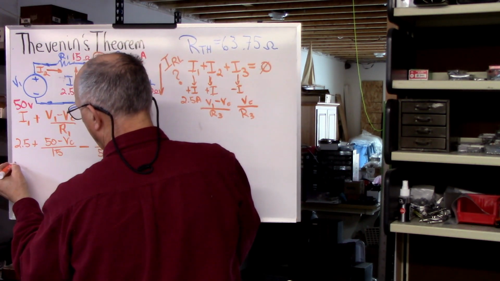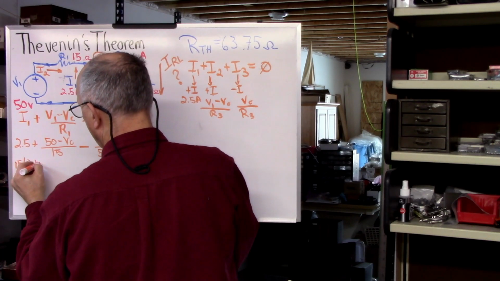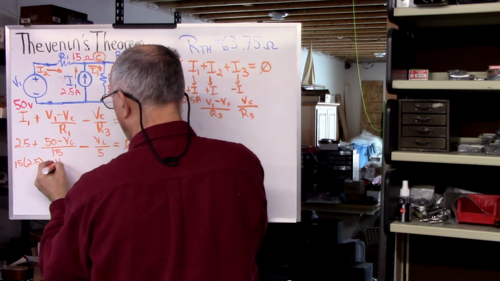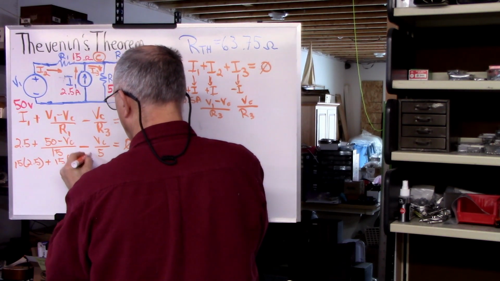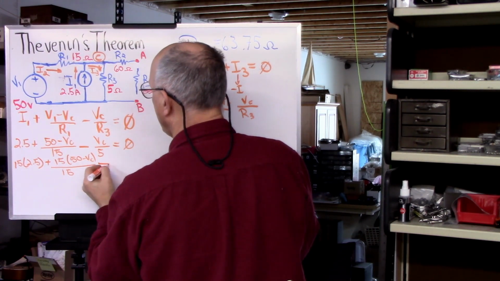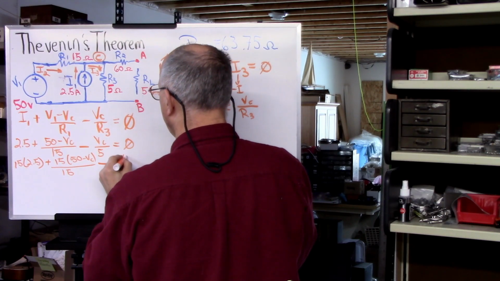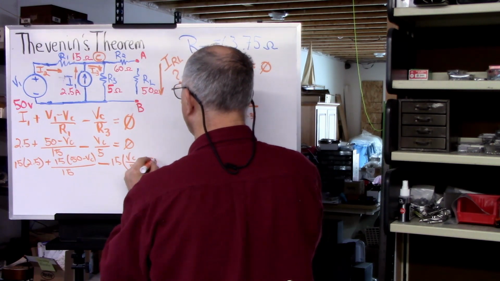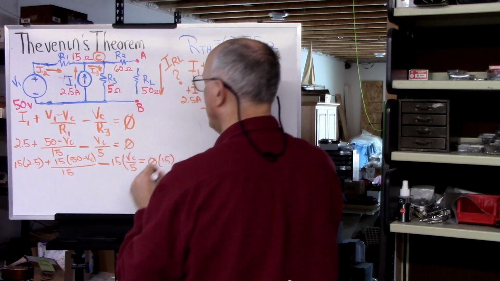We have 15 times 2.5 plus 15 times (50 minus VC) over 15 minus 15 times VC over 5 is equal to 0 times 15.